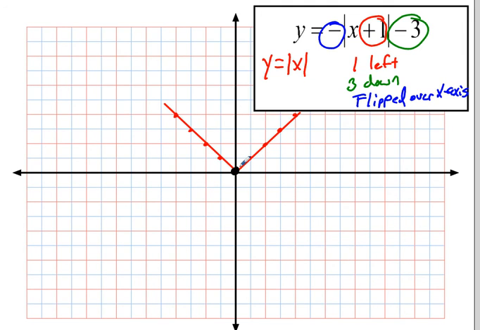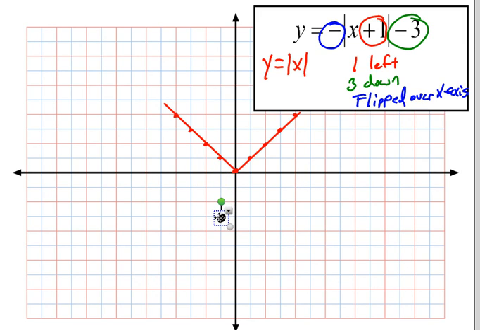So first up, let's move the 0, 0. It's going to move 1 to the left, and 1, 2, 3 down.